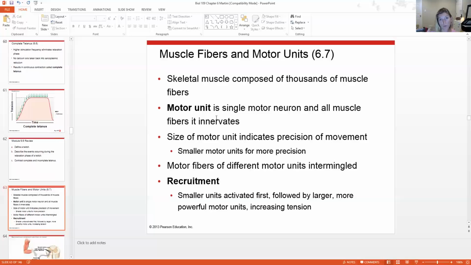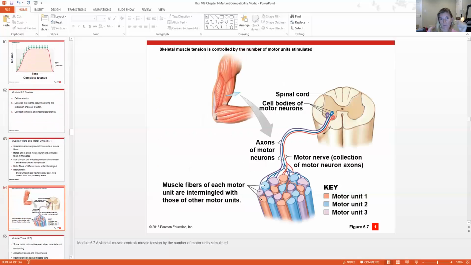There's something called recruitment. In recruitment, what your body's doing is picking a few muscle fibers to activate first, and then more, and then more, and then more, increasing tension. So maybe at first you go to pick something up and you're not sure how heavy it is, and you can't move it at first, but you keep trying and you keep trying.